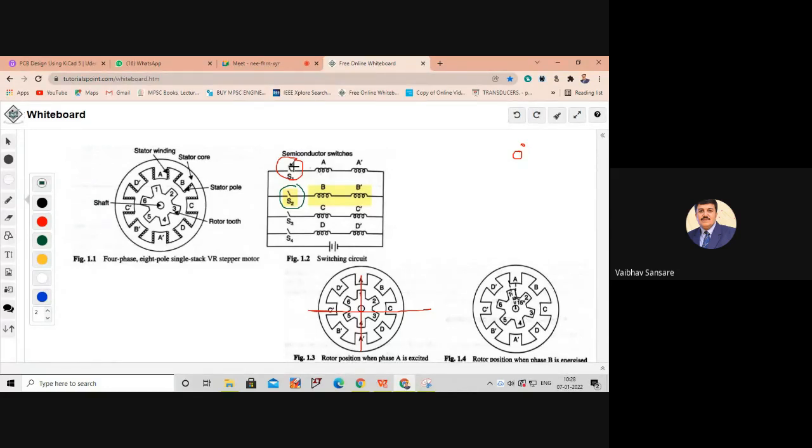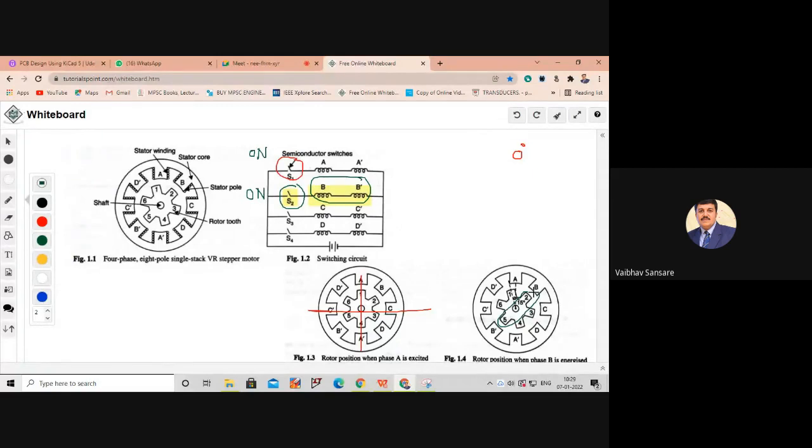Initially, when S1 is in the on condition, the rotor aligns with A dash. Now when we turn on S2, keeping S1 in the on condition itself, S1 is on and S2 is also on. So what will happen? As S2 is on, coils B and B dash get energized, and the rotor tries to rotate in the counterclockwise direction by 15 degrees. In this case rotor poles 2 and 5, or rotor teeth 2 and 5, try to locate under B dash.